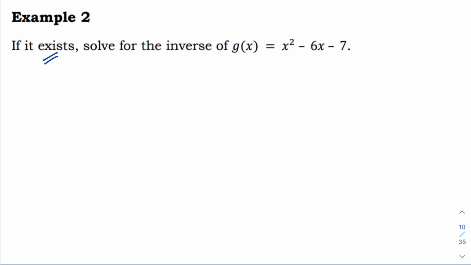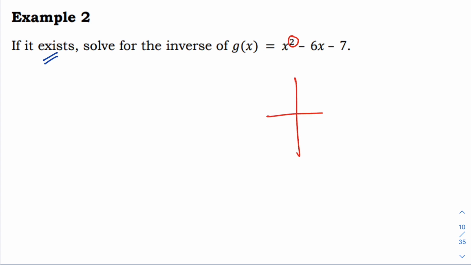Number 2. If it exists, solve for the inverse of g of x equals x squared minus 6x minus 7. So, dito guys, you will notice na yung ating function is quadratic. Tama? Meron tayong quadratic equation or quadratic function wherein yung kanyang graph is a parabola opening upward. Tama?